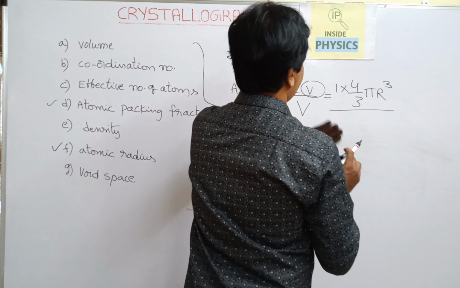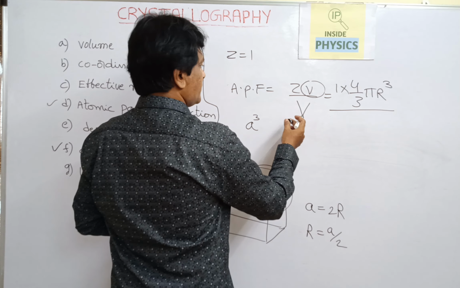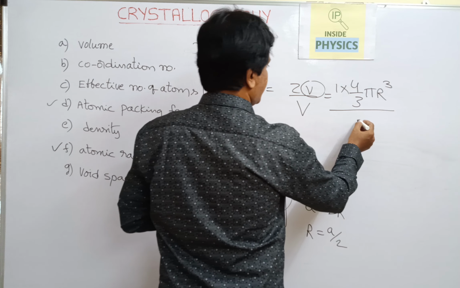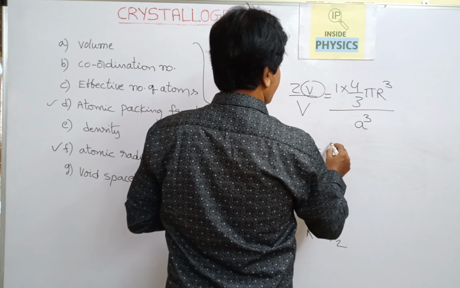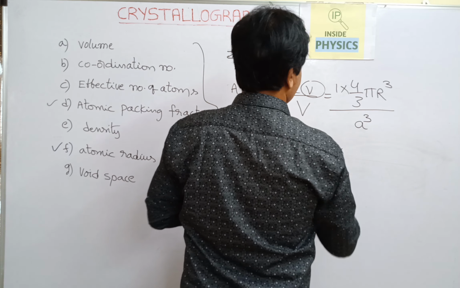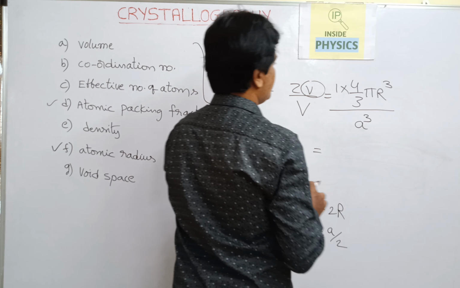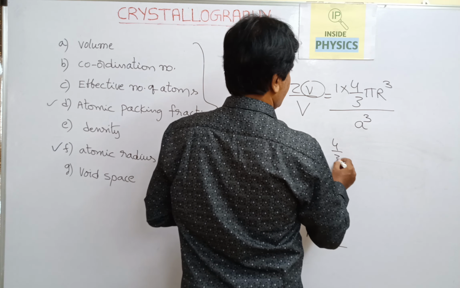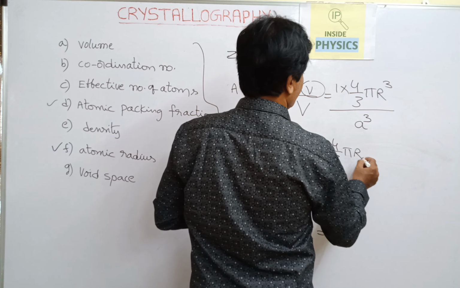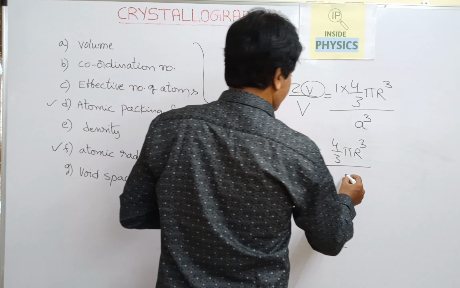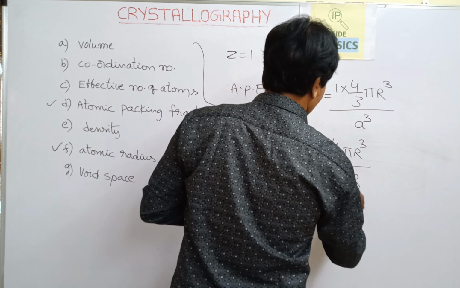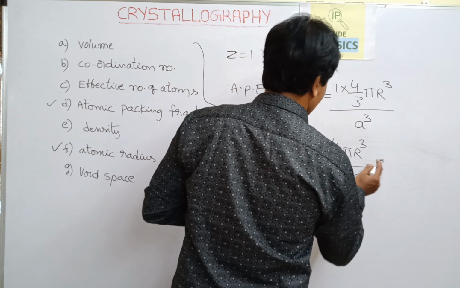So the capital V is taken as A cube. In that sense, it is given as 1 into 4/3 pi r cube by A cube. A is nothing but 2R, so 2R cube.